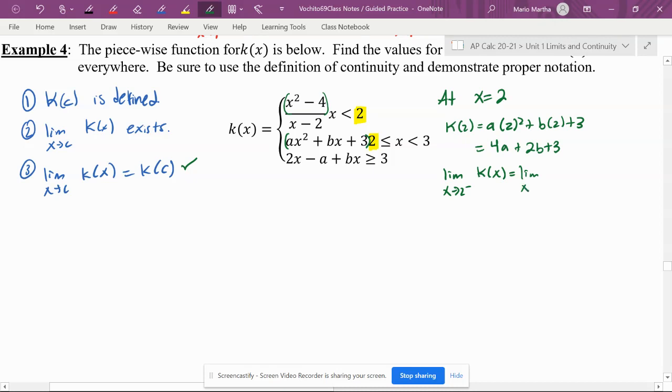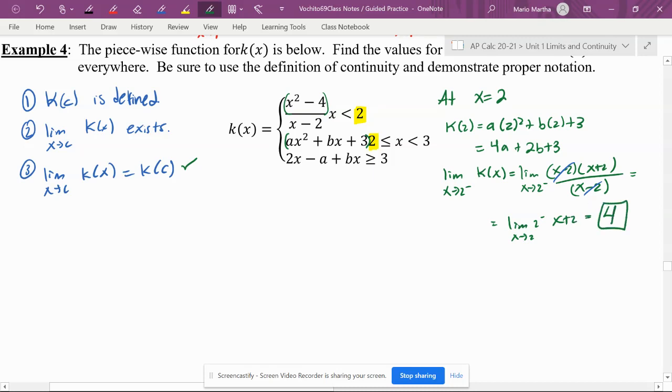The limit as x approaches 2 from the left side is x minus 2 times x plus 2, divided by x minus 2. If we simplify, we can remove the x minus 2, and that leaves us with the limit as x approaches 2 from the left side of x plus 2. So my answer would be just positive 4.